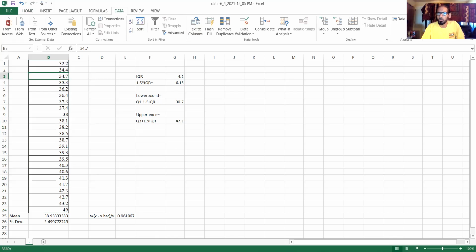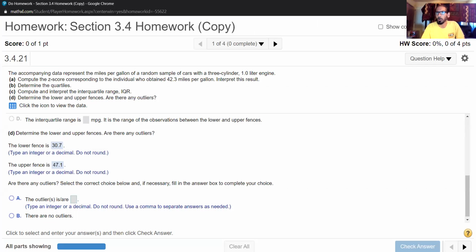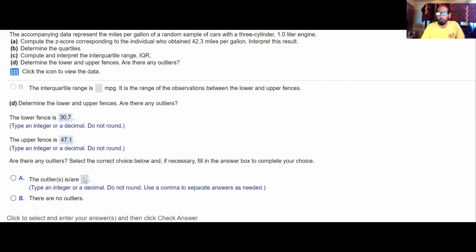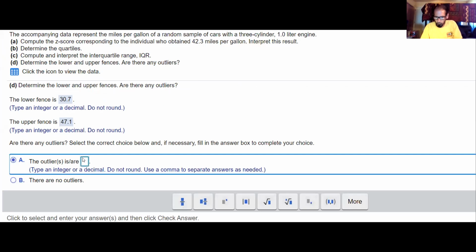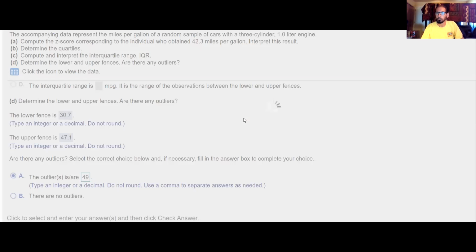And we're trying to make sure that either we don't have anything less than 30.7, which we don't, or bigger than 47.1, but we do on the high end. We've got a potential high outlier of 49. So put that in, and again, check out whether or not there is agreement from my lab. And there is.